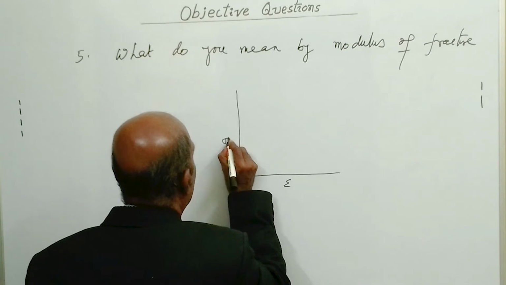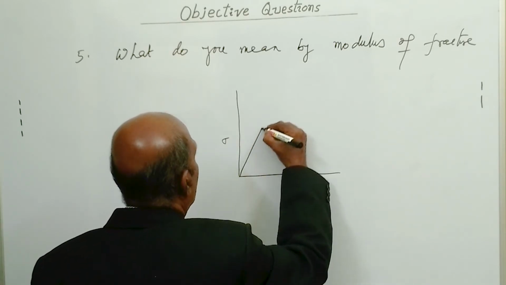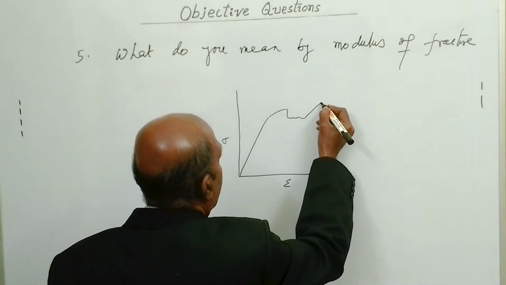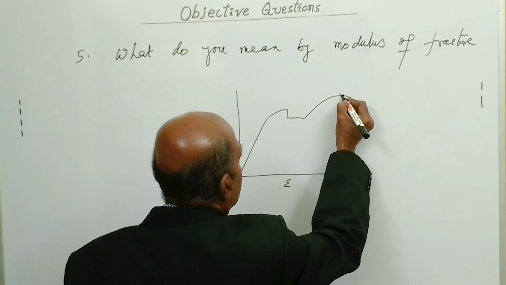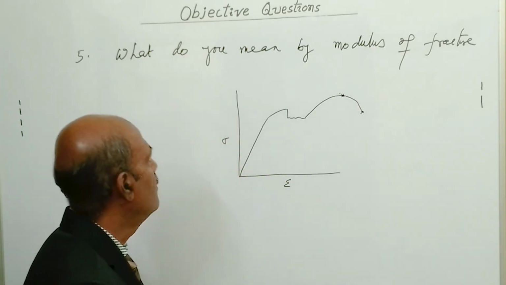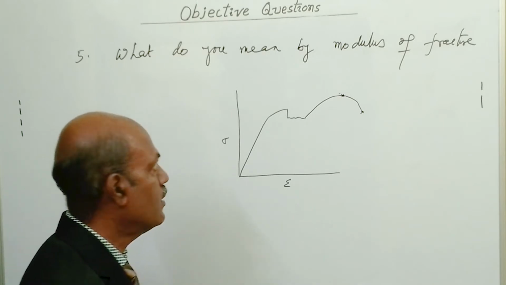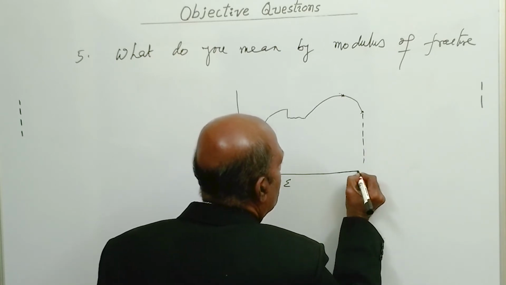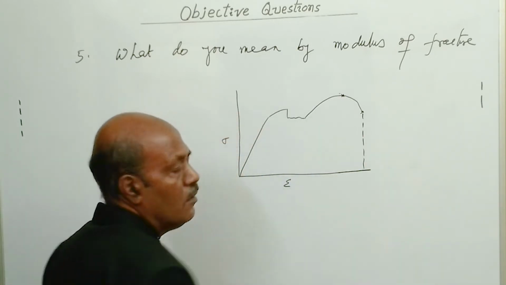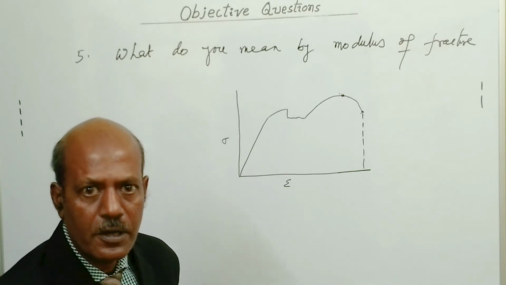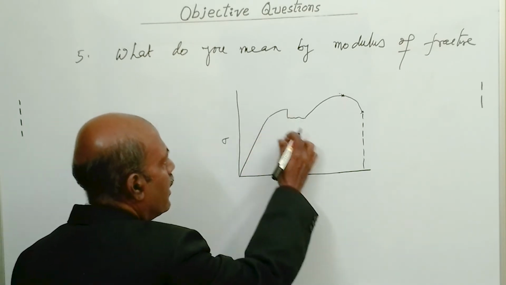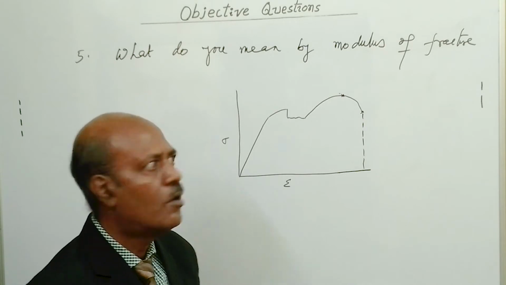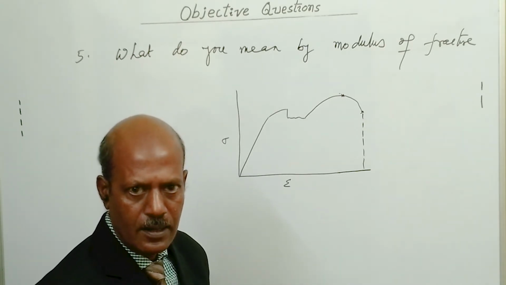Let this be the stress strain diagram for a ductile body like mild steel, and this is the failure point. The modulus of fracture is given by the area under the stress strain curve up to the failure point. So this gives the energy absorbed by the body per unit volume. If we could measure this area, that will give the modulus of fracture for that particular material.